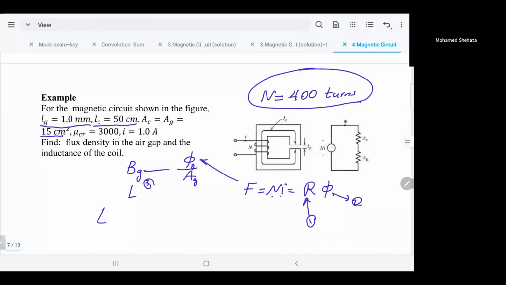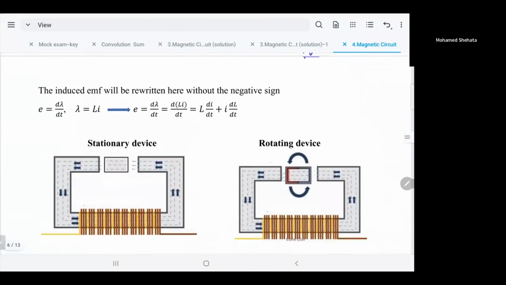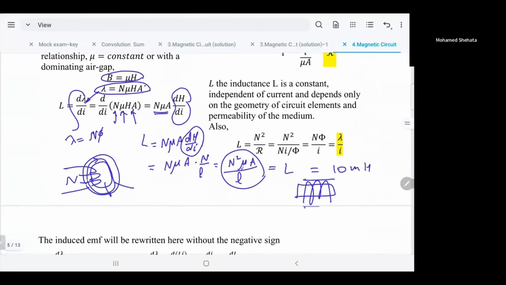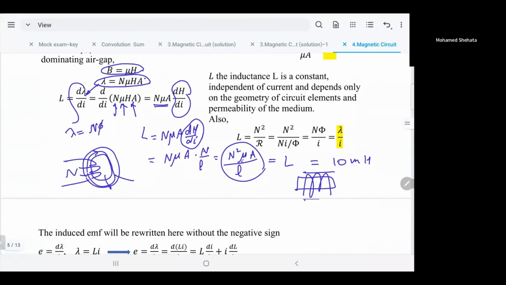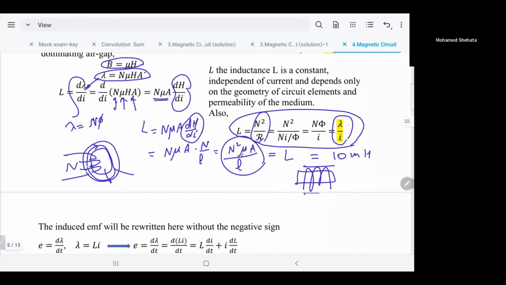Find L. Observe what we got here, L. That's when you design it, and that's the relationship between the parameters. You can have lambda over I, or you can have N squared over the reluctance, and the inductance of the whole system.